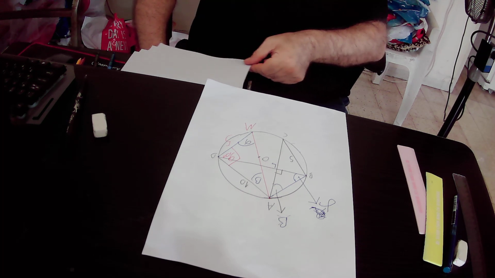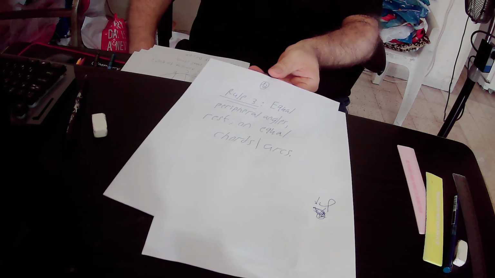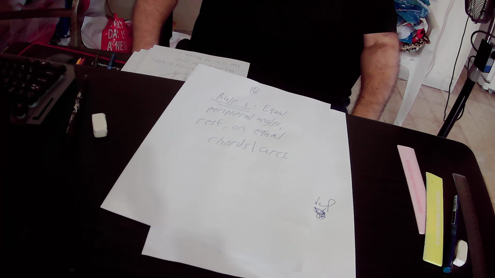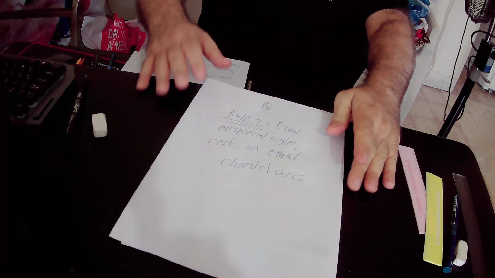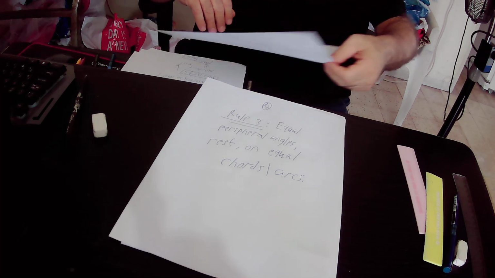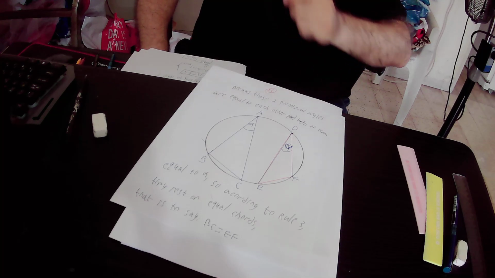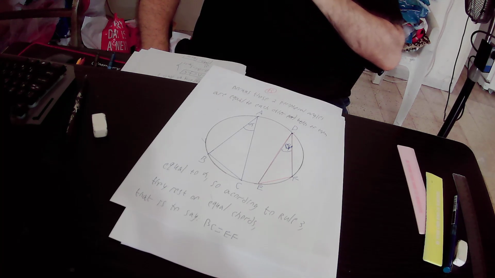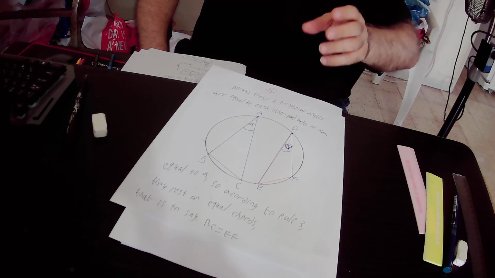And we have rule number 3 that states that equal peripheral angles rest on equal chords. So actually, if we have two equal peripheral angles, alpha and alpha, according to rule number 3, they rest on equal chords.